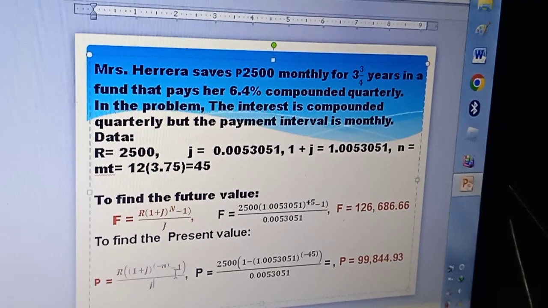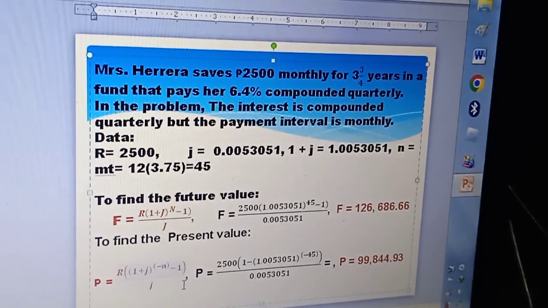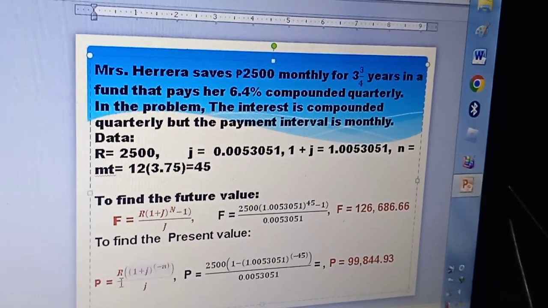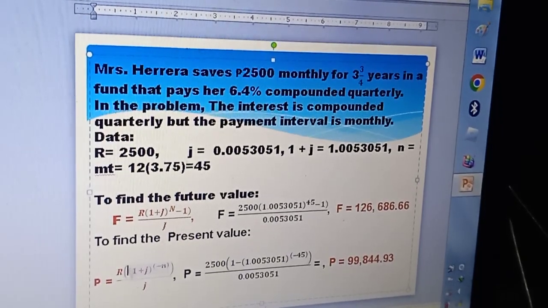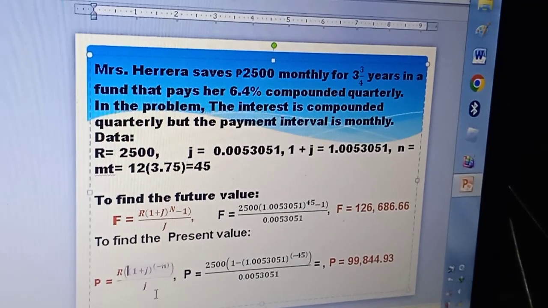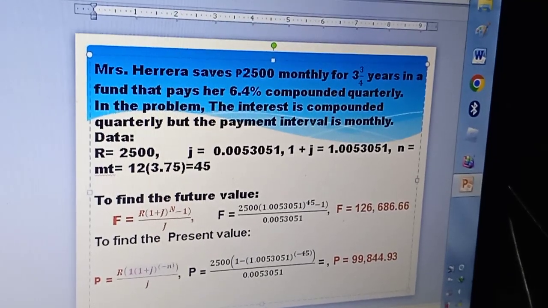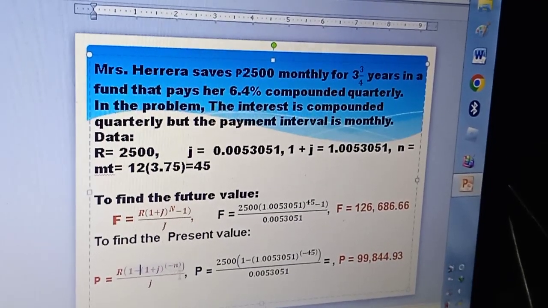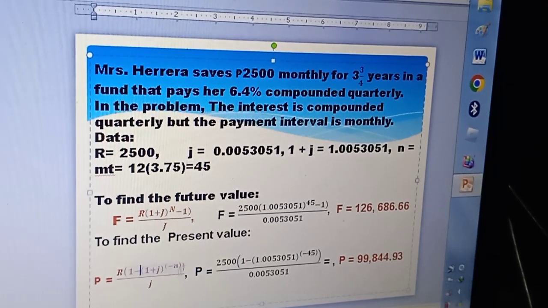There is no minus 1 here, but here it is 1 minus 1 plus j, the quantity raised to negative n, over j.